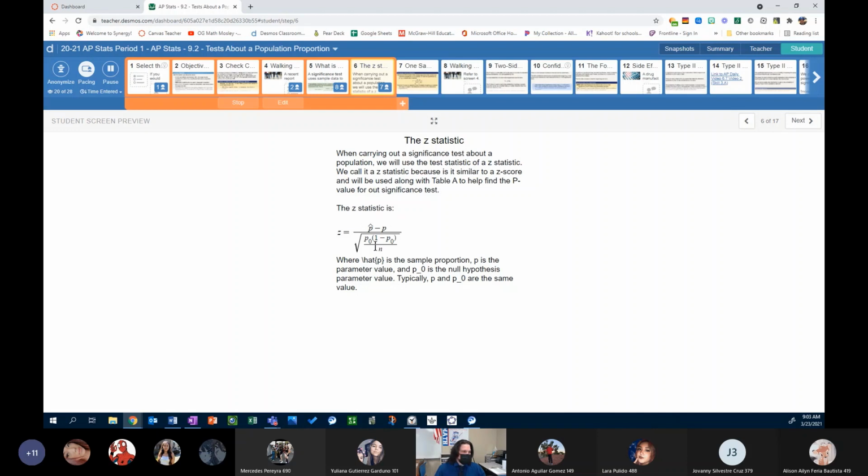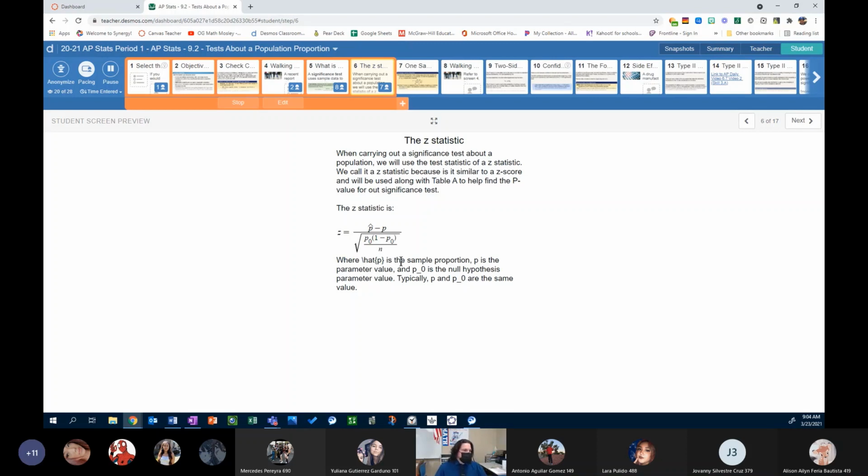The Z statistic is Z equals p hat minus p divided by the square root of p naught times 1 minus p naught divided by n. It's very similar to the Z value that we used in chapter 8. I forgot to mathify these things, sorry, guys.